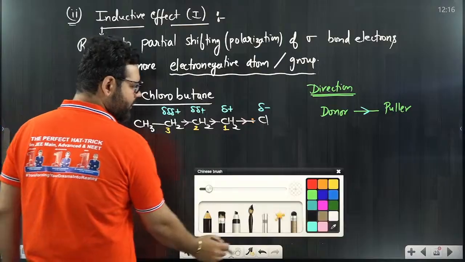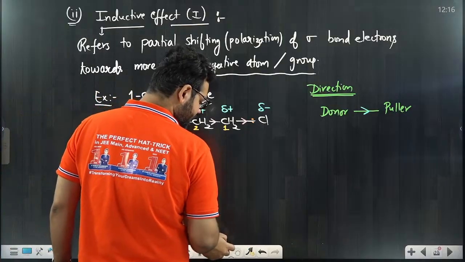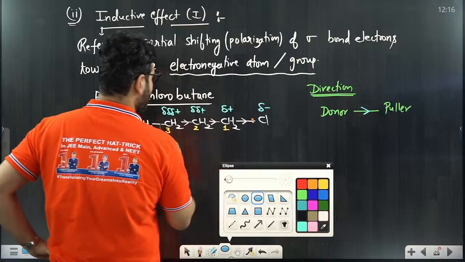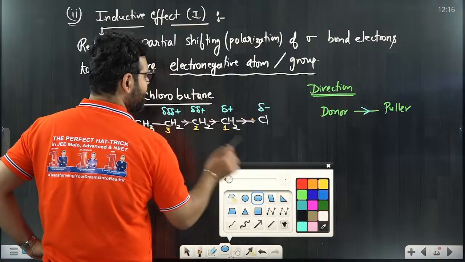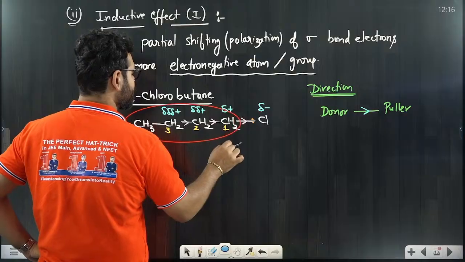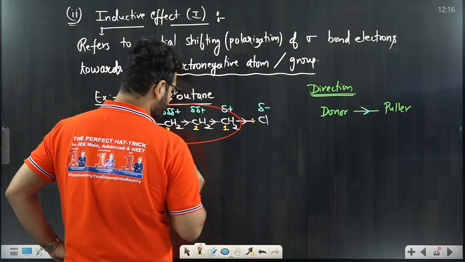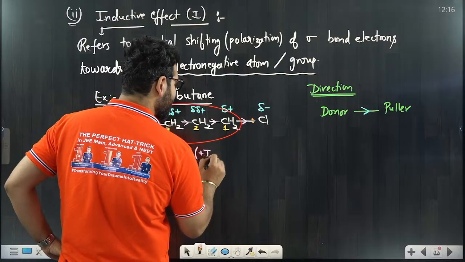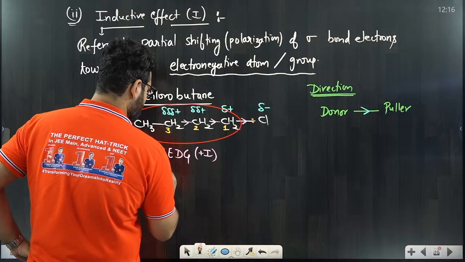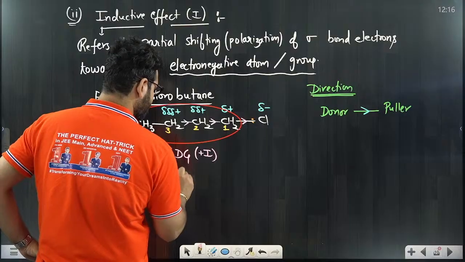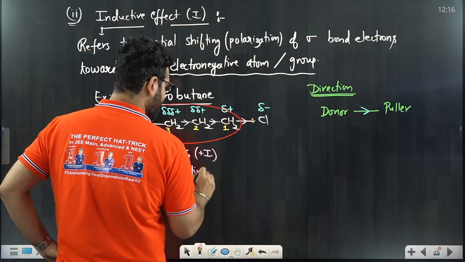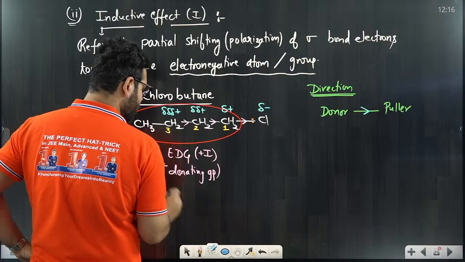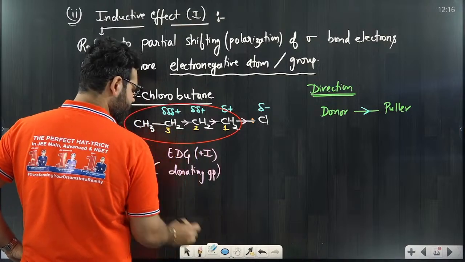The one which donates will be called EDG, electron donating group. So here this alkyl chain is acting like an electron donating group. I am writing it as EDG. This is called a plus I group, electron donating group. Mostly electron donating groups are alkyl chains only.